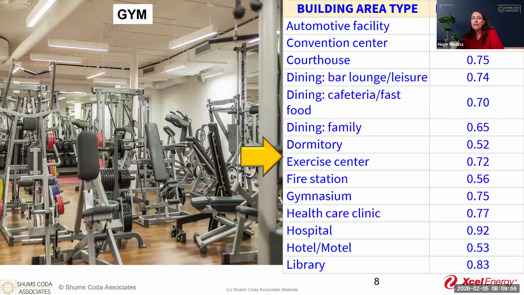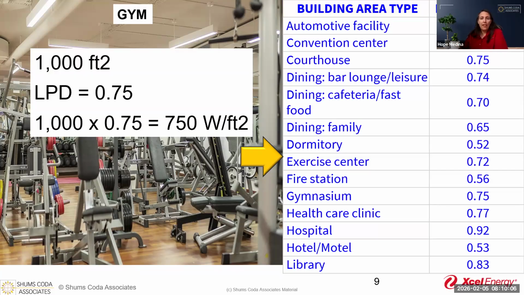So if we were to take a gym, it's going to be an exercise center. We say that it's 1,000 square feet. Oh, I put 2 instead of 5. Fat fingers. So it should be 0.72, and then you're going to multiply that by 1,000.